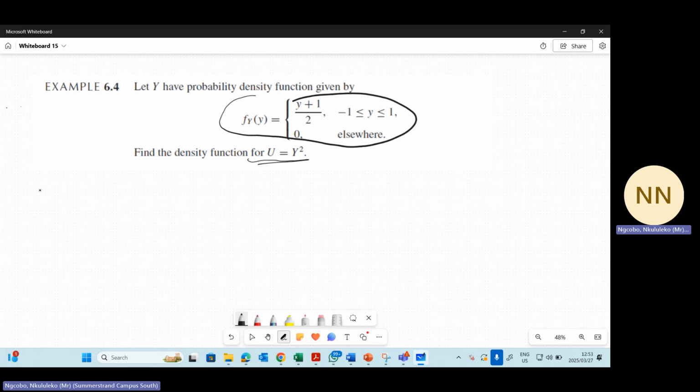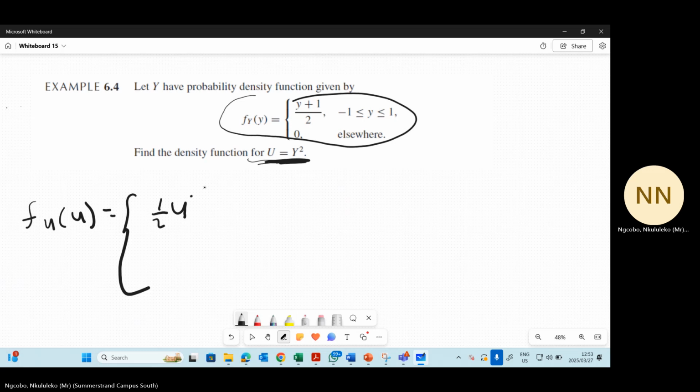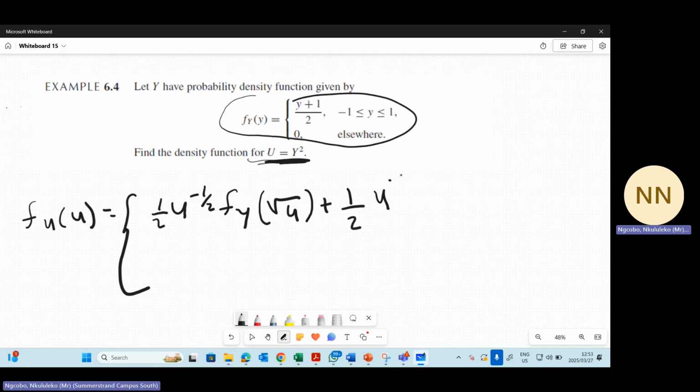From the previous illustration, you know that if u is like this, the density function should be f of u, half u minus 1 over 2 f of y, the square root of u, plus half u minus 1 over 2 f of y, minus the square root of u, and 0 elsewhere, right?